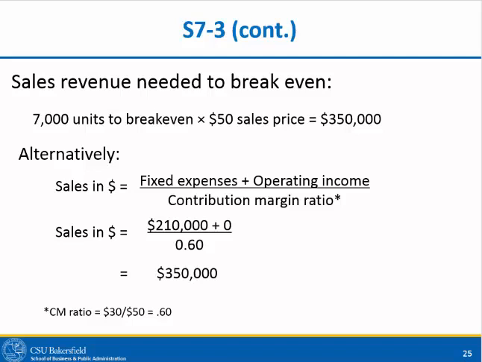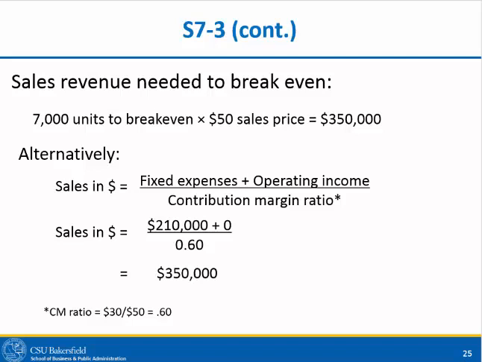You may say, hey, wait a minute, you showed me a formula which is using contribution margin ratio. Can I still use that? The answer is yes. Definitely, you can also use contribution margin ratio to find the sales revenues needed to break even. So how to do that? The formula was given, so all you have to do is find the numerator and the denominator. The numerator is similar to the prior question.